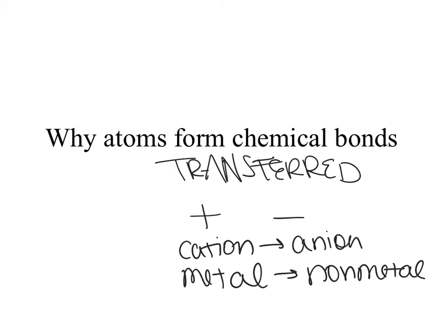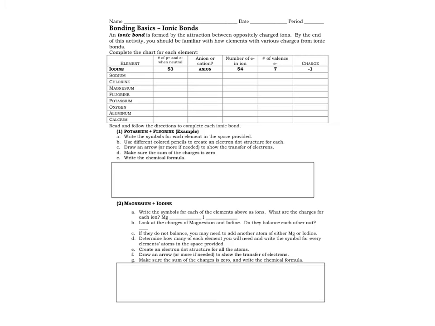So in order for those to be transferred, one again is going to lose electrons and one's going to gain electrons. Hopefully with our activity on Friday, you started to see and predict how many atoms you're going to need of our anions and cations to form those chemical bonds.